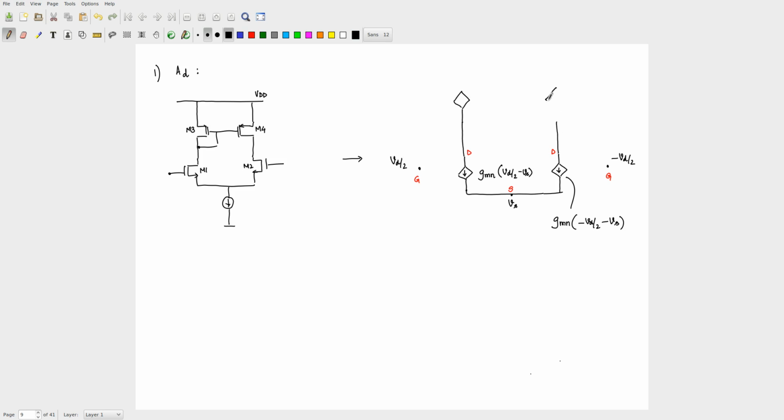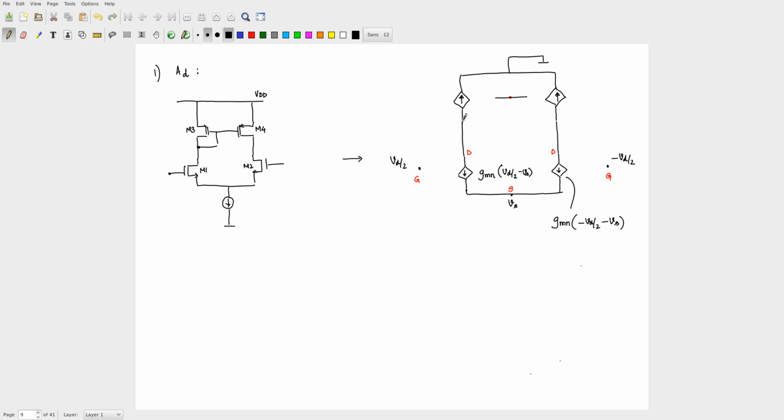I have two current sources, and in which direction should they point? Be careful. The gate is here for this transistor, and the incremental current source always points from drain to source, right? And that is the drain, and the drain is connected to ground.